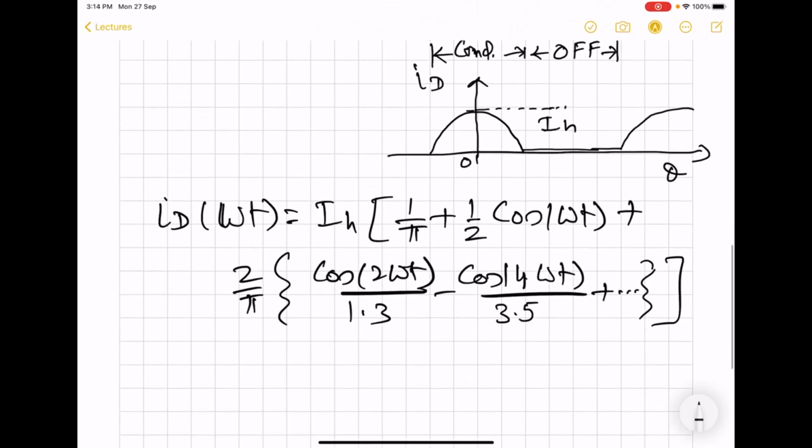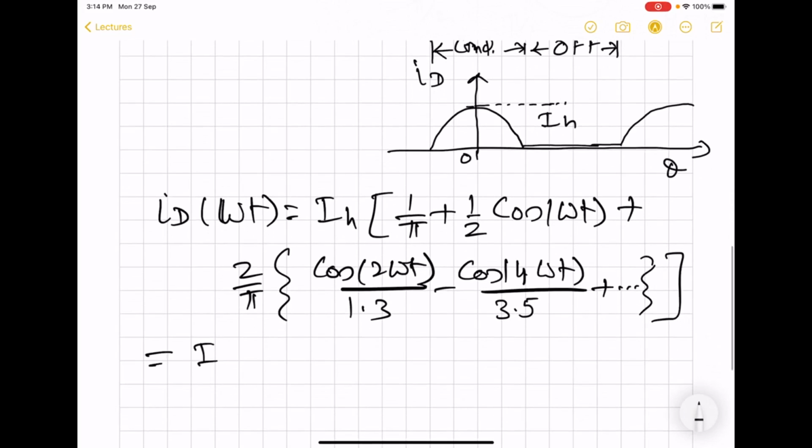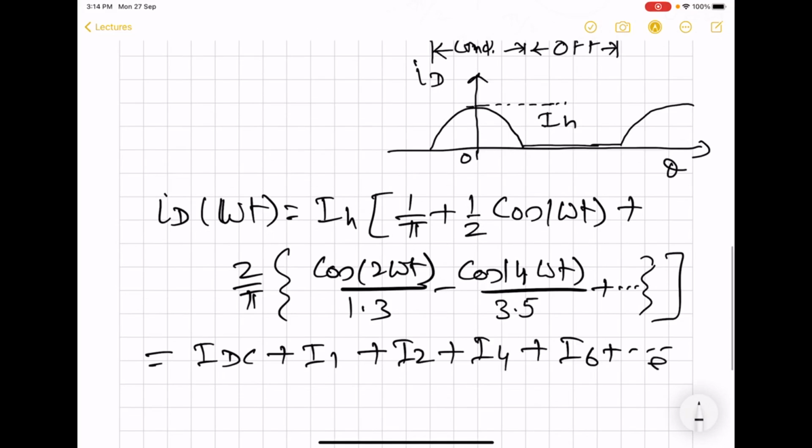So what we see is that it has a DC, and then it has fundamental, and it has second, then fourth, then all the even harmonics present here.